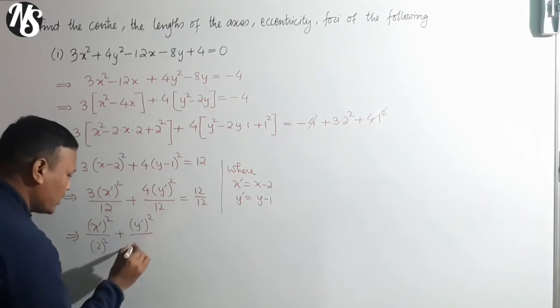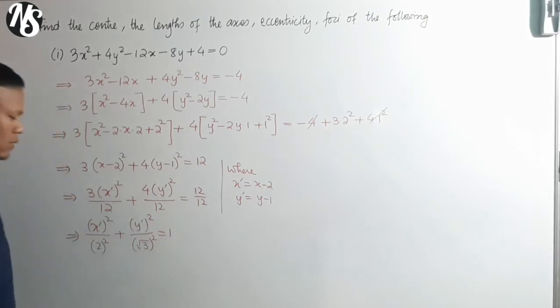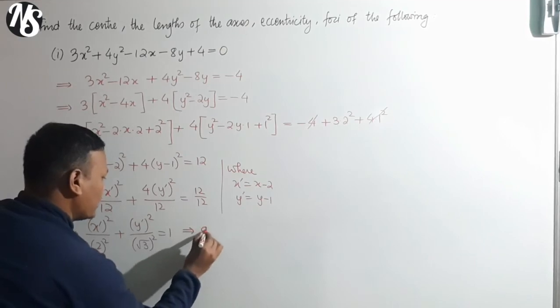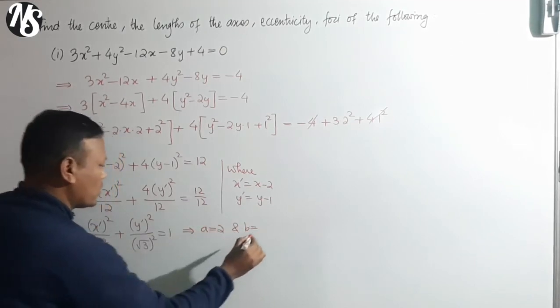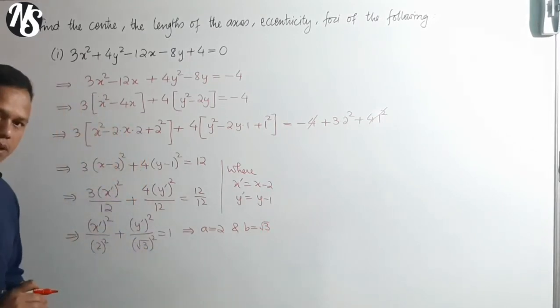Yes, and this 3 can be written as square root of 3 square equals to 1. So here we see that this means that a is 2 and b is root 3. So we got the values of a and b here.